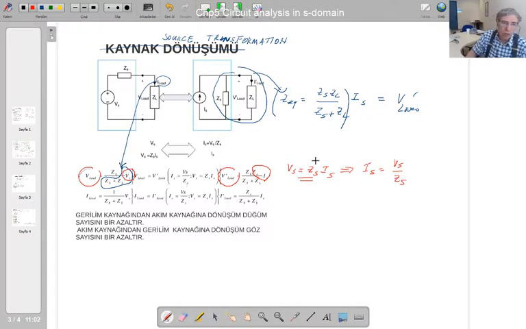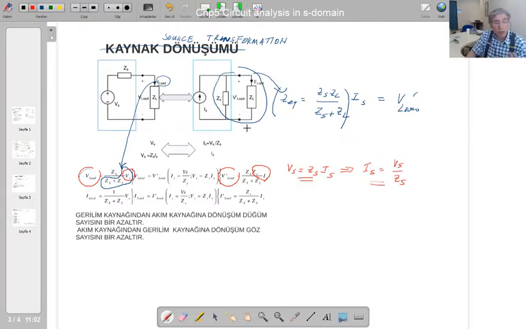That means if I select this independent current source current equal to VS over ZS, then my voltage on ZL and on ZL prime is going to be the same. So no change if I do this transformation.